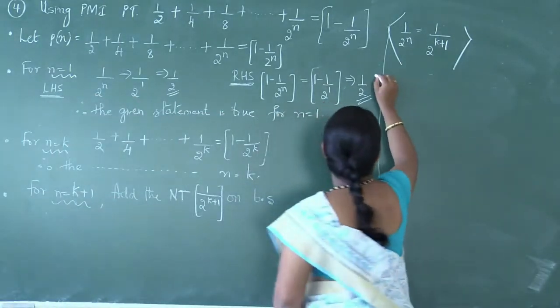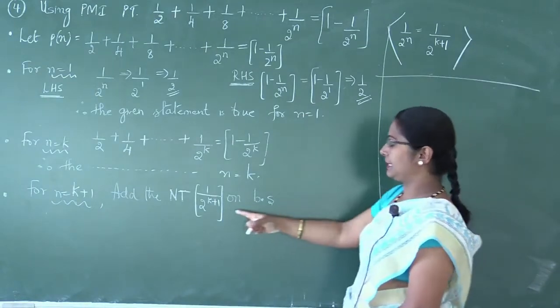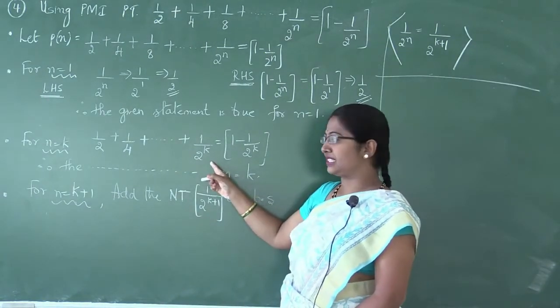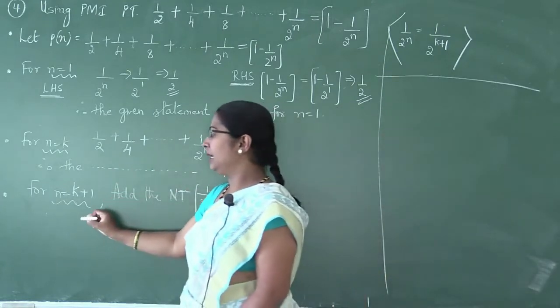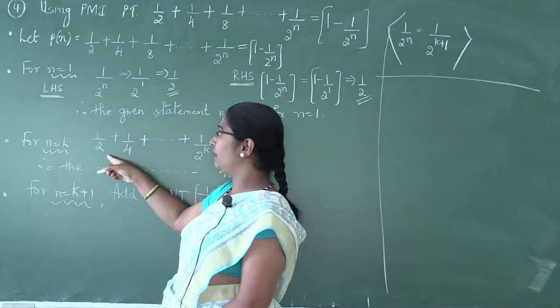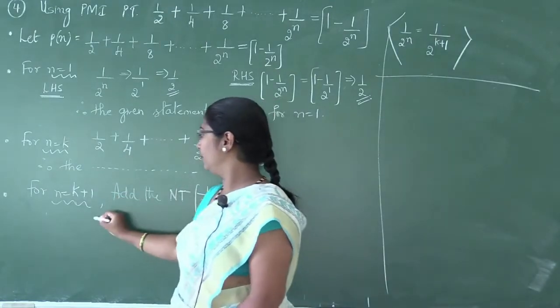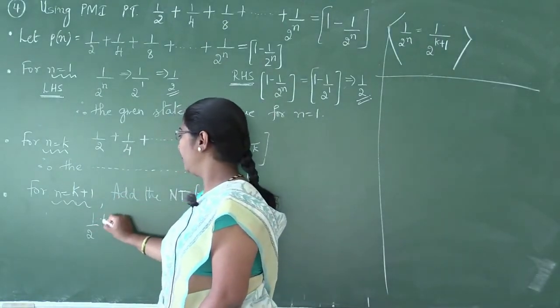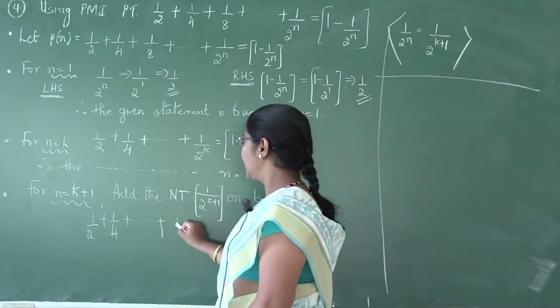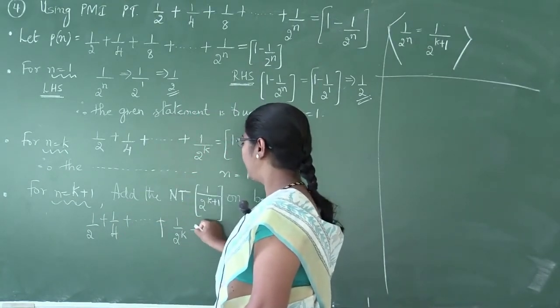Now, I am going to add the next term on both the sides considering the previous step. In the working column I had mentioned using step 3. So I'll use step 3 now and add the next term. 1/2 + 1/4 + etc. The last term is 1 divided by 2^k.